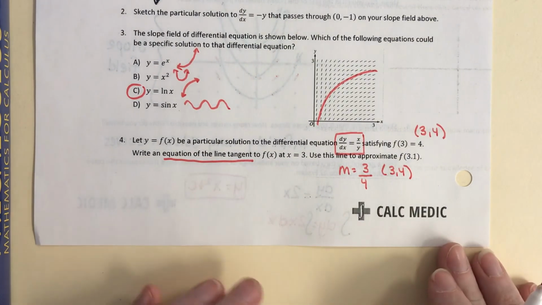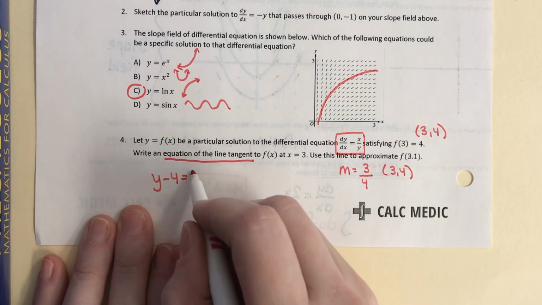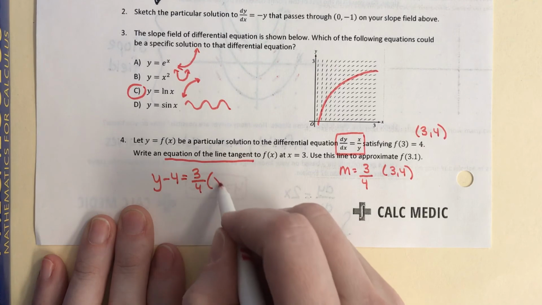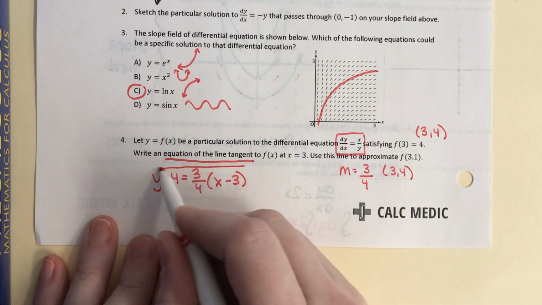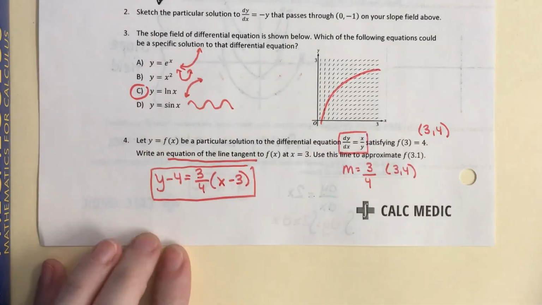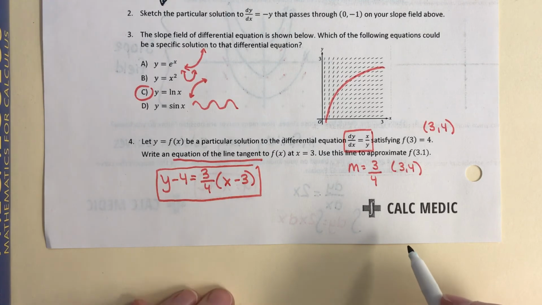So now I'm going to write my equation of my tangent line. y minus y1 equals m times (x minus x1). So there's my equation of my tangent line. The second part of this problem asks us to use this line to approximate f of 3.1.